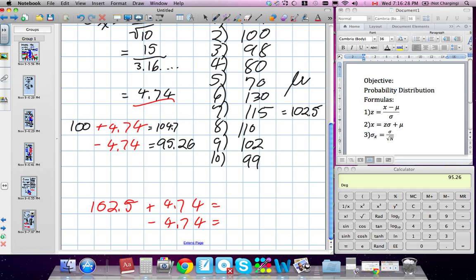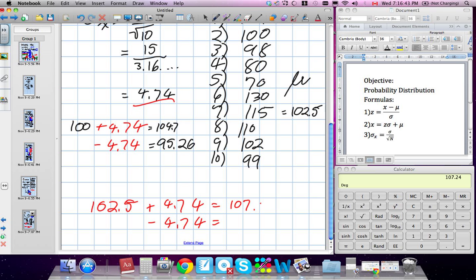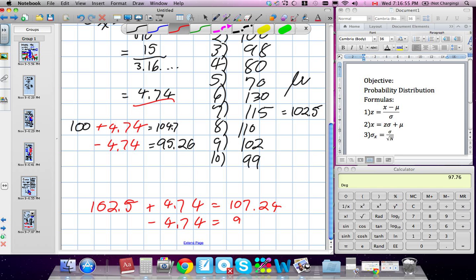So with that same information, now remember, I didn't know the number 100. So what they were doing here is we had a standard error of 4.74 from what we found. We found our mean to be 102.5. So really what they should be working with is the number 102.5. So this is our mean. We know our standard error is 4.74, so we add and subtract 4.74, and that's going to give me a range for IQs.